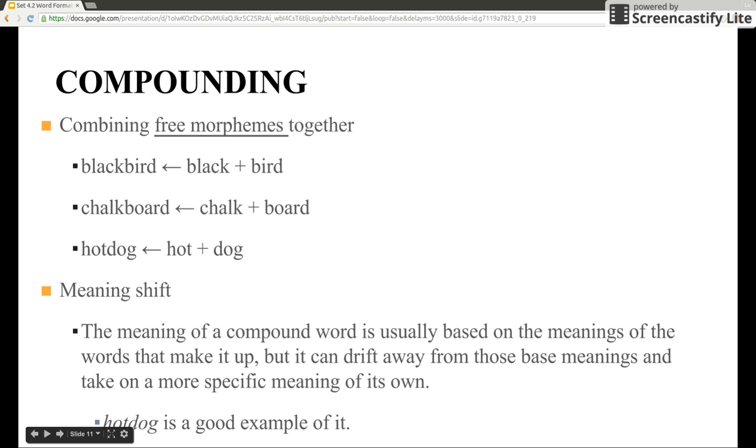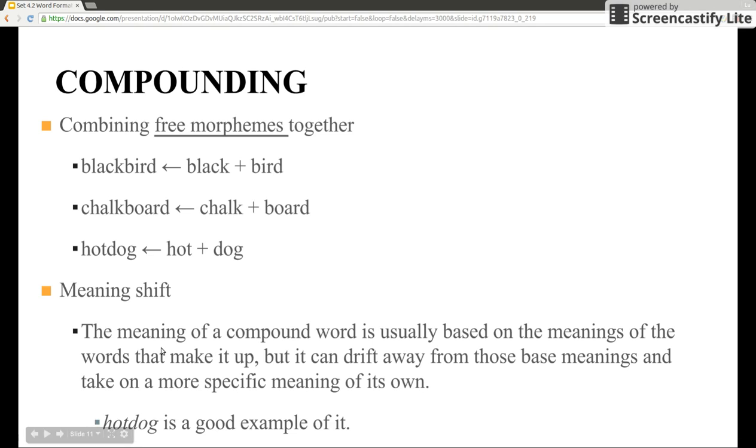And then we have compounding. Okay. Compounding just simply means that we add two free morphemes together. So blackbird, chalkboard, hot dog. Okay.